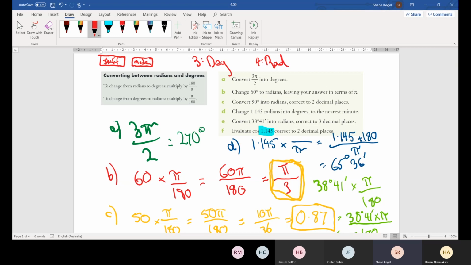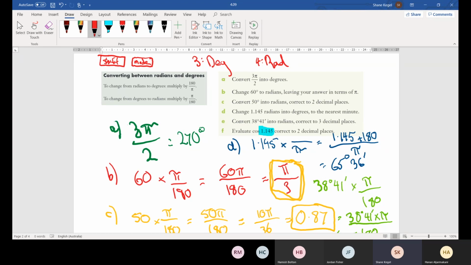So in this instance, to work out this question, we need it in radians. So I'm going to press number 4. And up the top, you'll see it changed to an R instead of a D. So there's D, R, and G modes, and we want it in the radians mode, or the R mode. Now I can just put in cos, and in my brackets, put in my 1.145.